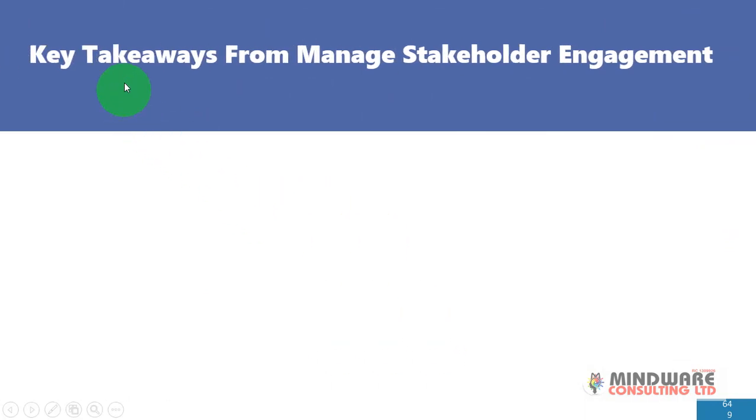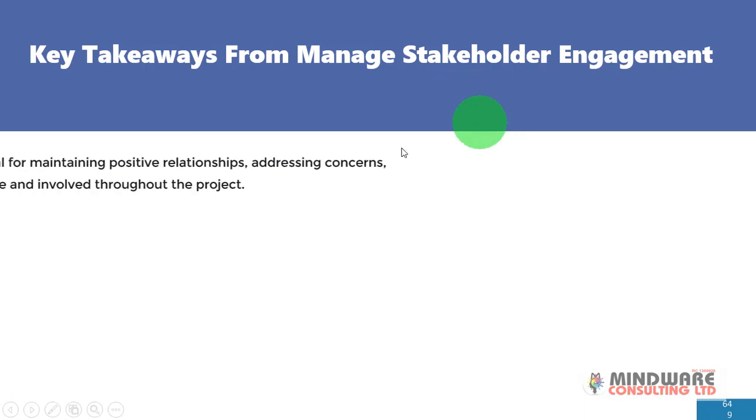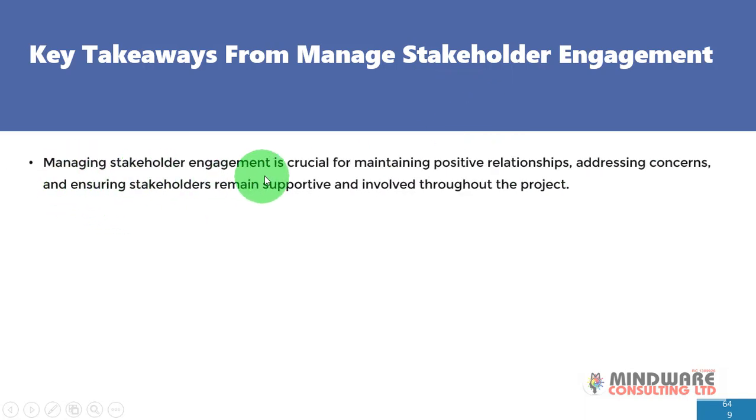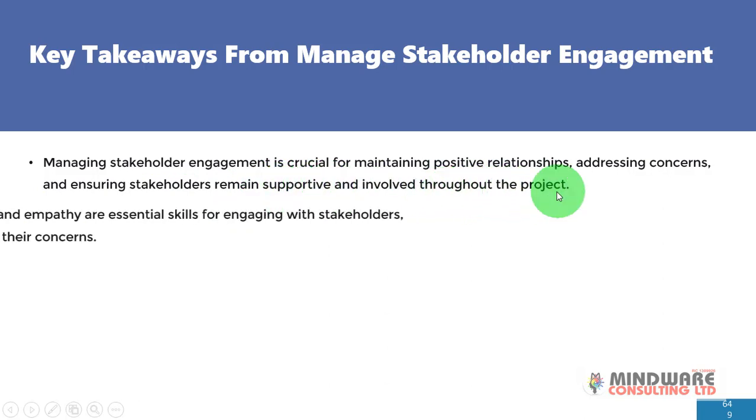So what are the key takeaways we can get from this process? Firstly, Manage Stakeholder Engagement is crucial for maintaining positive relationships, addressing concerns, and ensuring stakeholders remain supportive and involved throughout the project.